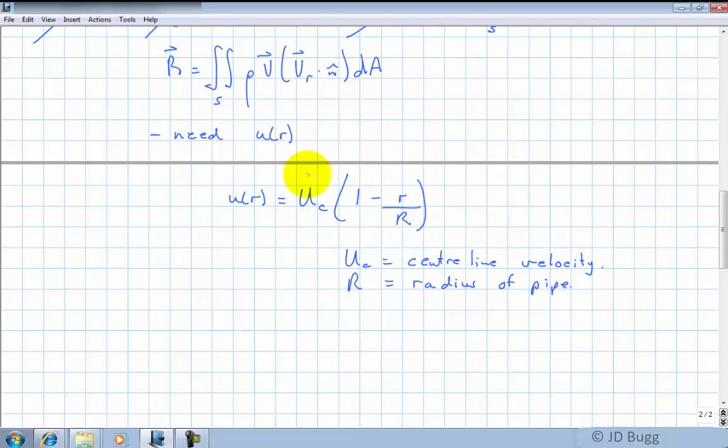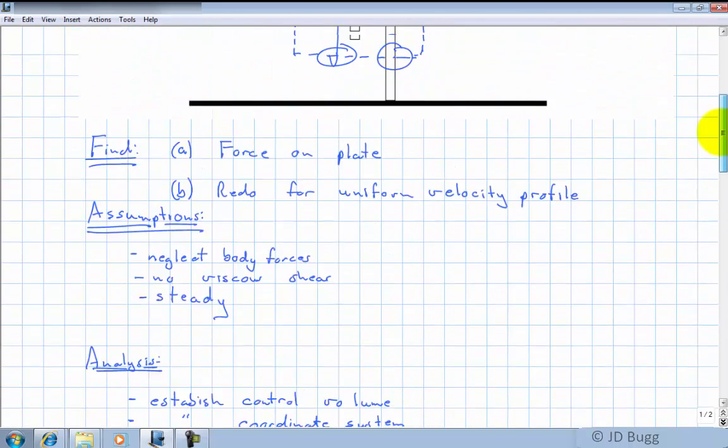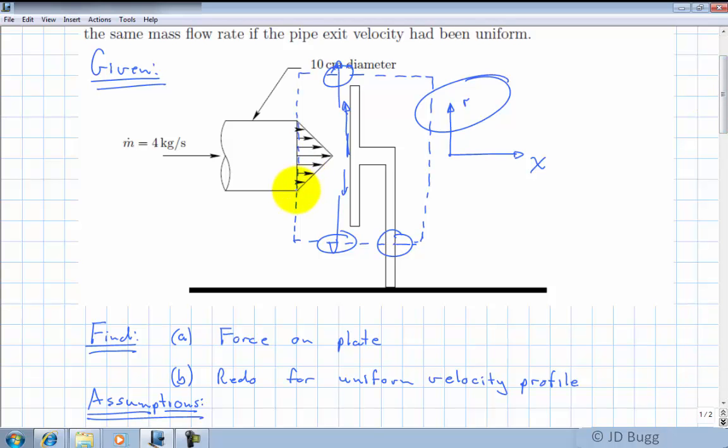So we're talking here about the velocity profile at the inlet. So let's go back and see what that looks like. We're getting an equation for this velocity. It's the u component of velocity as a function of r. Remember, r is the distance away from this center line.